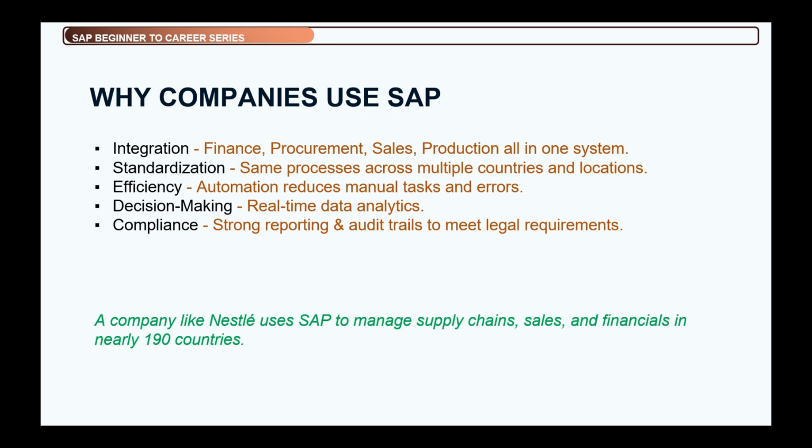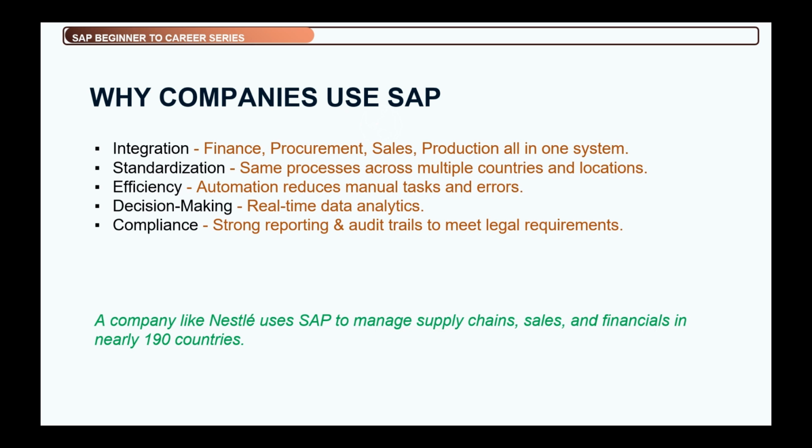SAP has really strong reporting and compliance capabilities. Every transaction has its change log, change history, so the system itself provides strong reporting and audit trails which the organization can use to support its legal requirements.